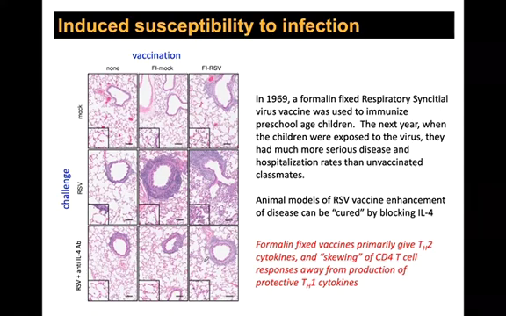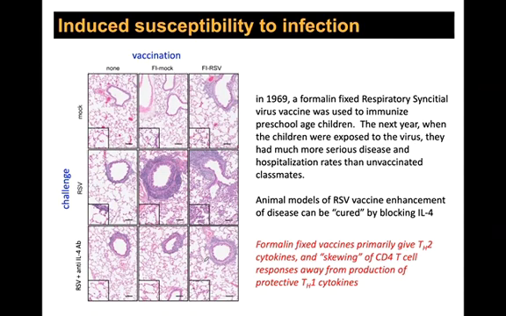Now, this has been proven in ferret models where you can vaccinate ferrets with the RSV vaccine and block this enhancement of disease by giving an anti-IL-4 antibody. Okay, so what's happening here? Well, formalin-fixed vaccines are weak, and they primarily give a Th2 cytokine response. And we'll go through what Th2 means, but that's an IL-4 dominant cytokine response.